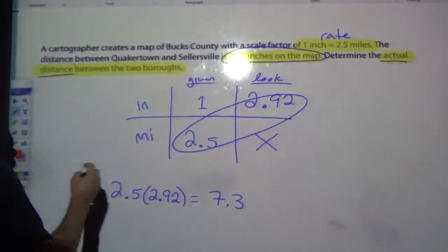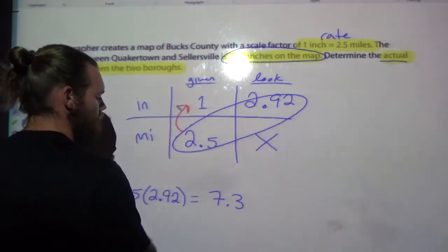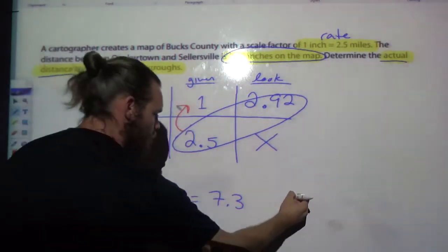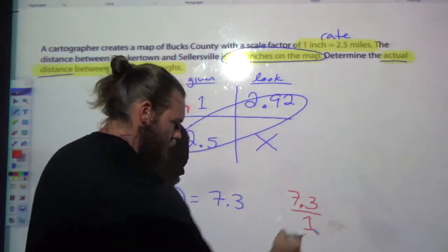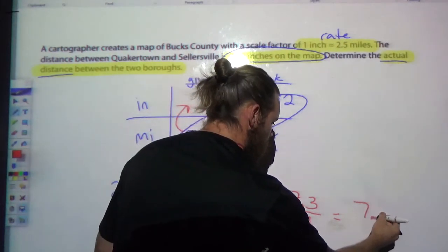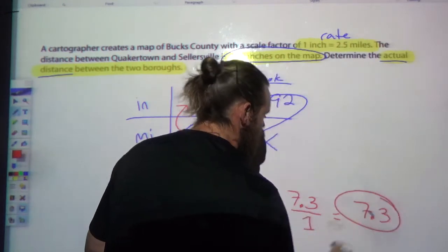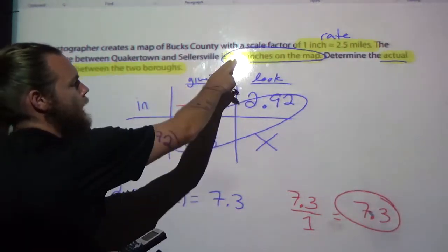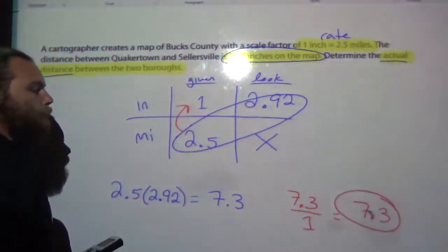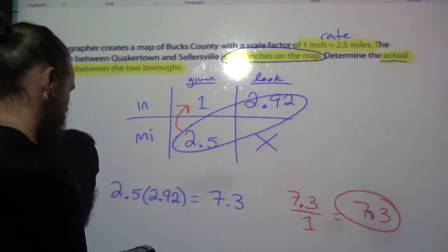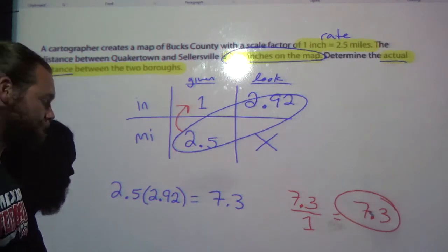And then from there, you divide by what's left. So 7.3 divided by 1 gives you 7.3. So basically 2.92 inches on the map is a total of 7.3 miles in actual distance.